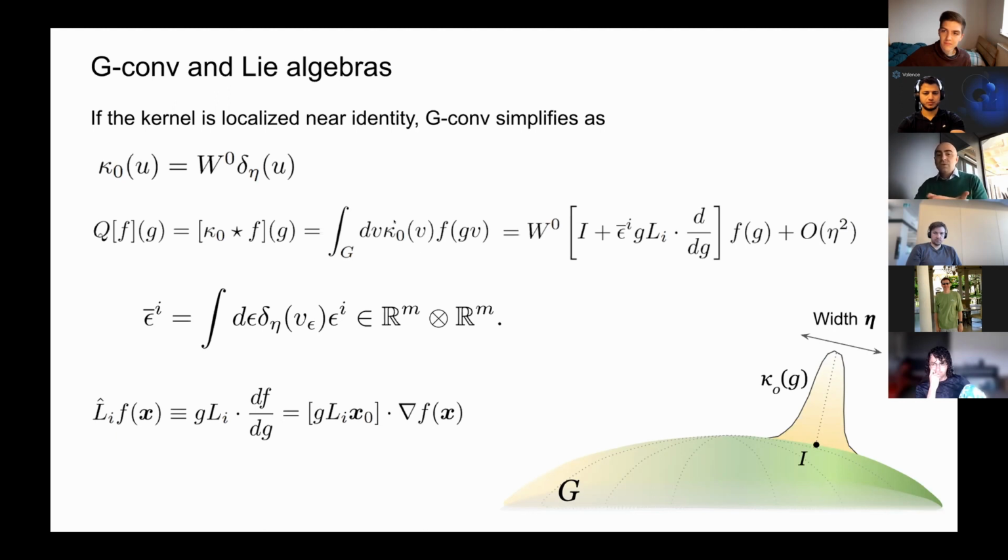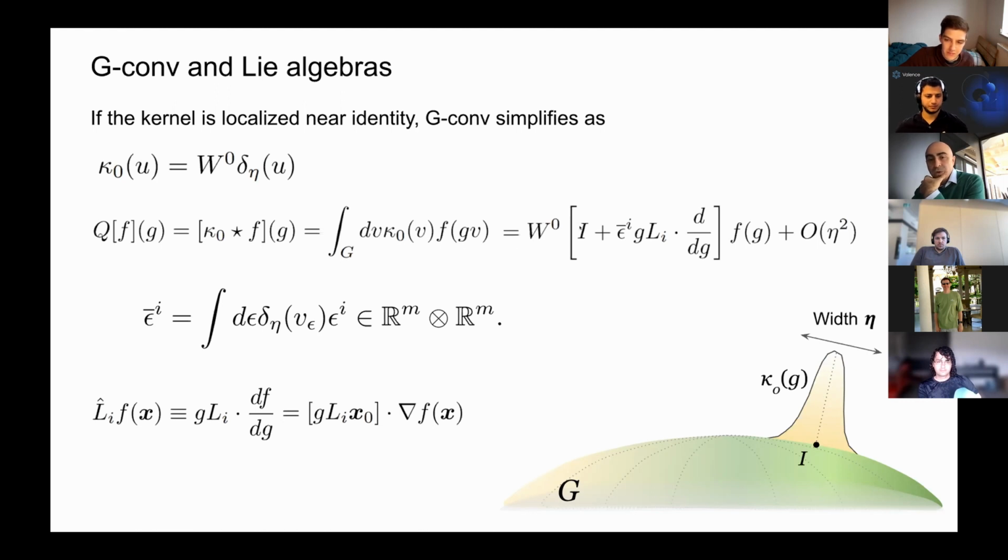It means that we're choosing this function, this kernel, this distribution over the group itself, over the translation group in that case, to be very concentrated, non-zero only around identity and 0 otherwise. So we asked the same question here. What if your kernel in this group convolution is concentrated around identity with a small width? What is this going to become?